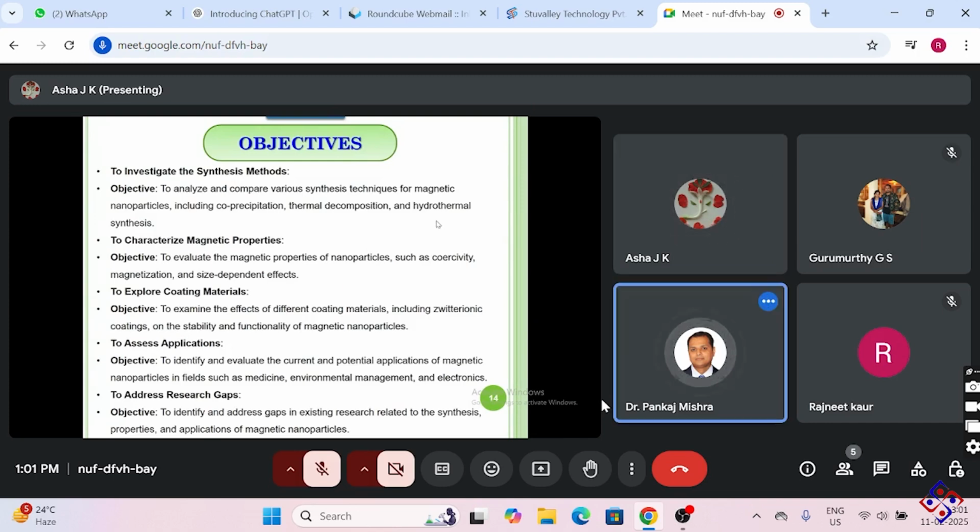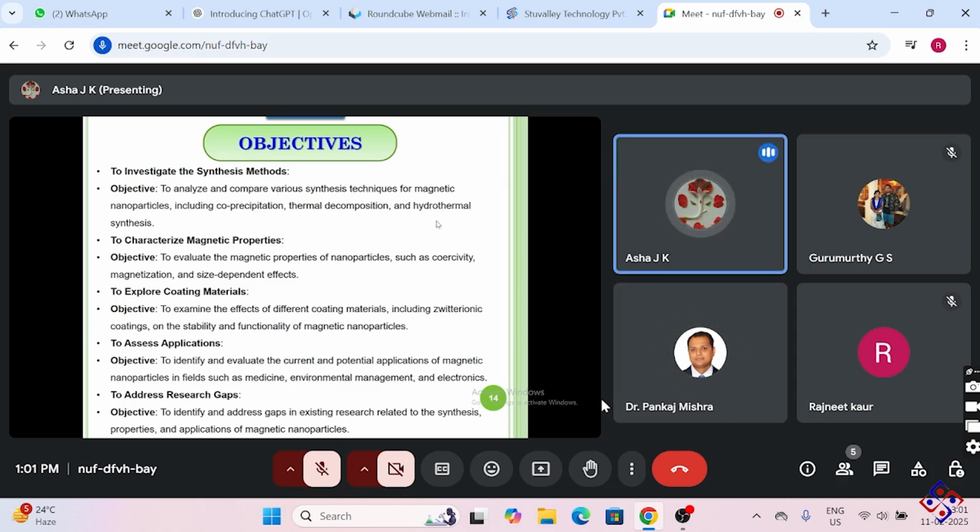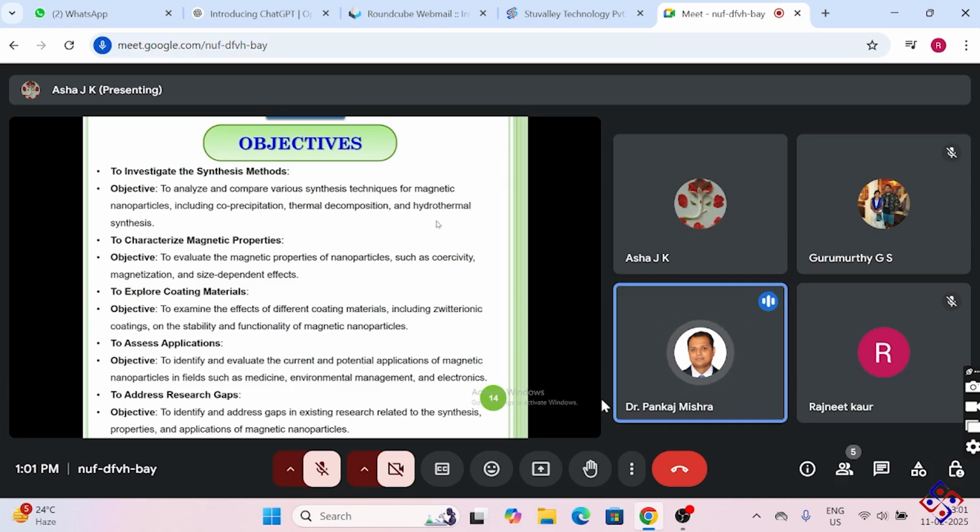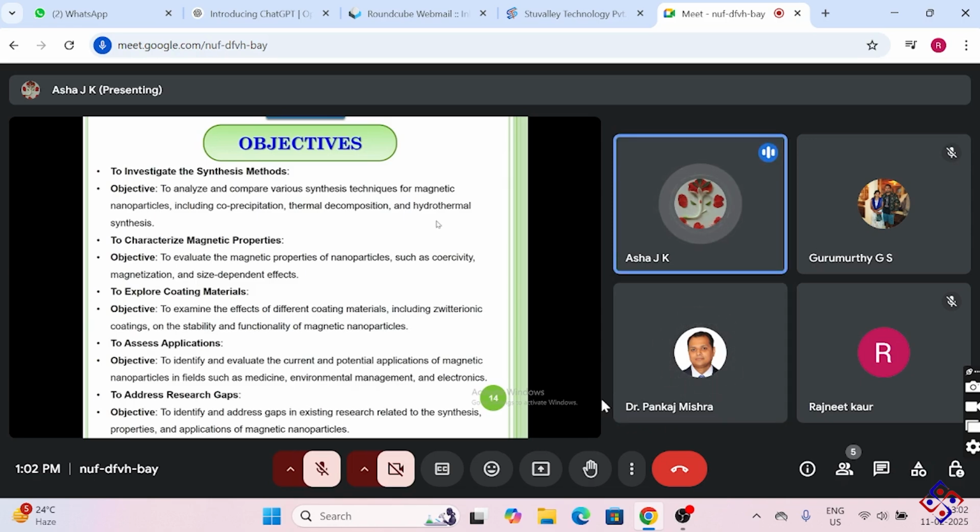Where are these particles, in the machine or in the human body? In the machine, sir. So how do they give good images? Because of superparamagnetism at the nanoscale, which means they strongly interact with the external magnetic field but do not retain magnetism when the field is removed.